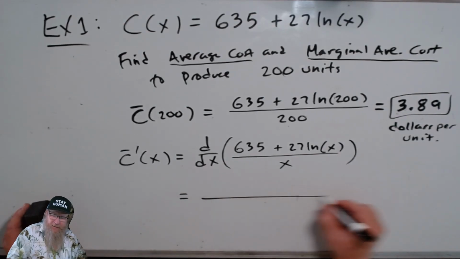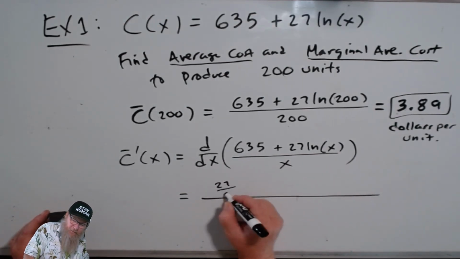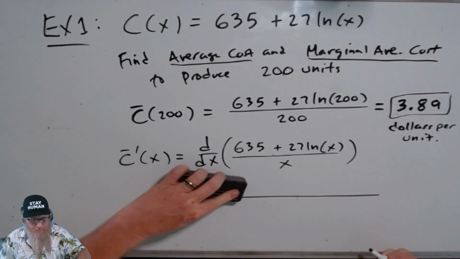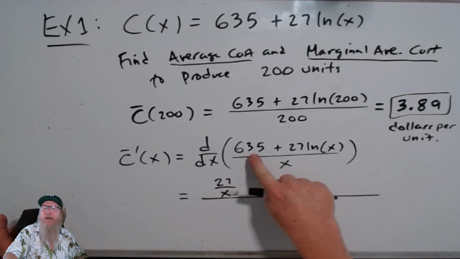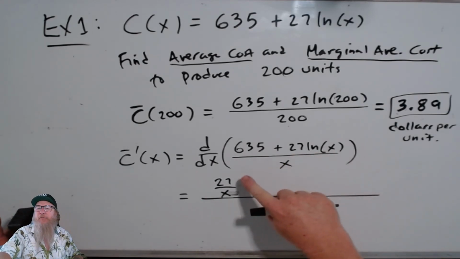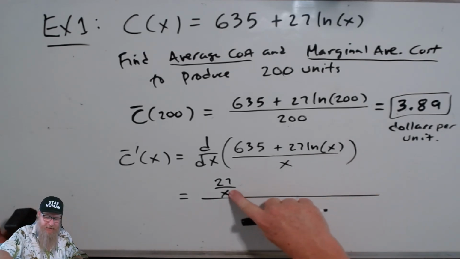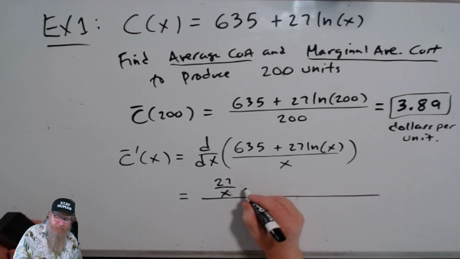All right, so that's the derivative of the top, which is 27 over x. Yeah, derivative of 635 is 0. Ignore the 27. Pull it out to the front. Derivative of ln is 1 over x. I think last time I wrote 27 times 1 over x. It means the same thing.